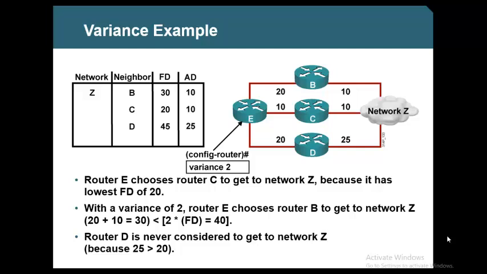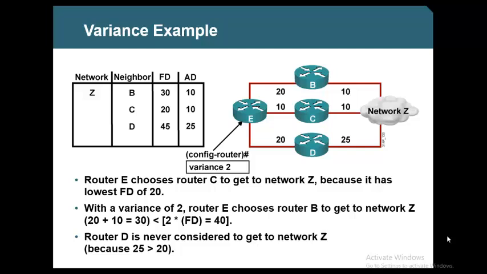The reason is the FD value is lower. The path with the lower FD is considered a successor route.